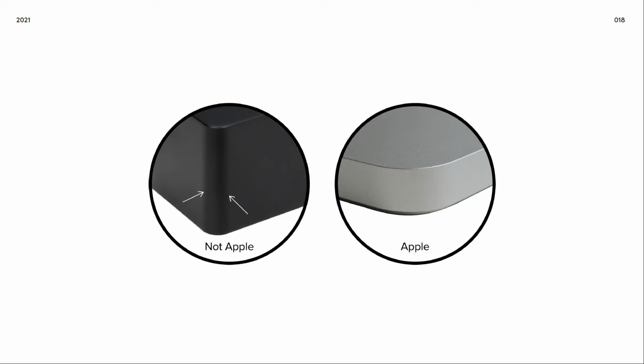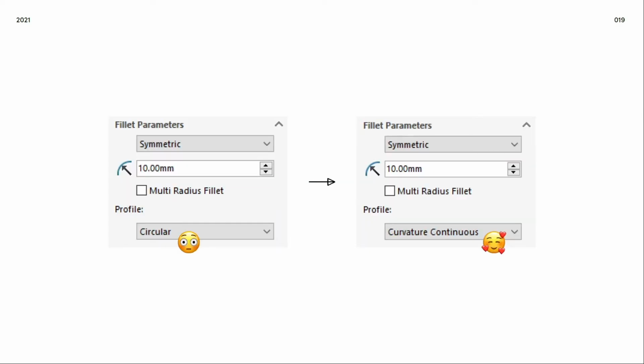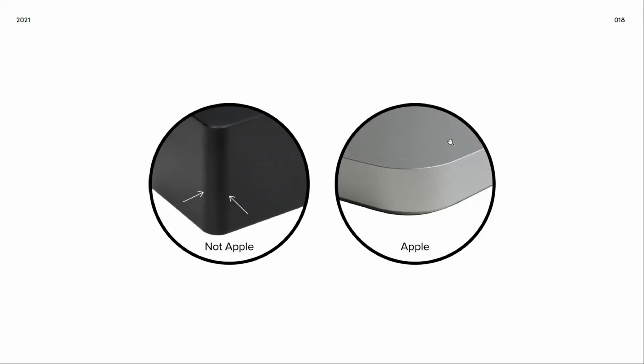And so, by default, in SolidWorks, when you make a fillet, circular is the default option. And so you need to change that from circular to curvature continuous to give it that much more blended effect that you might see with an Apple product compared to a more circular fillet.